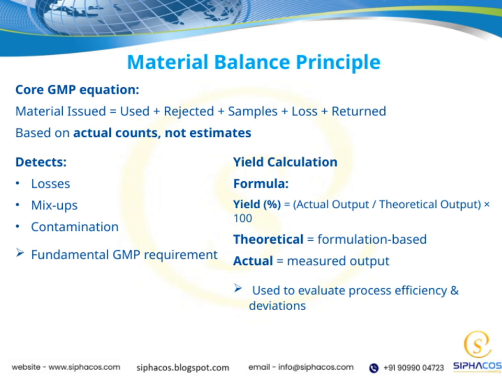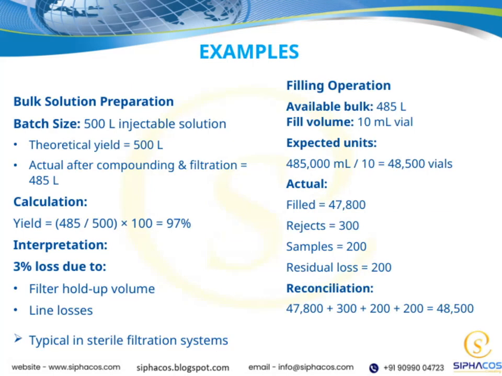This principle helps us detect losses, mix-ups, or contamination, things that can compromise product quality and process integrity. And of course, adhering to this material balance is a fundamental GMP requirement, reinforcing the importance of transparency and precision in our manufacturing operations.